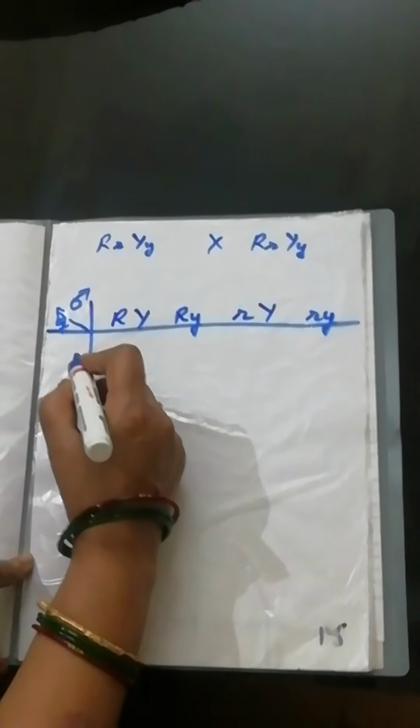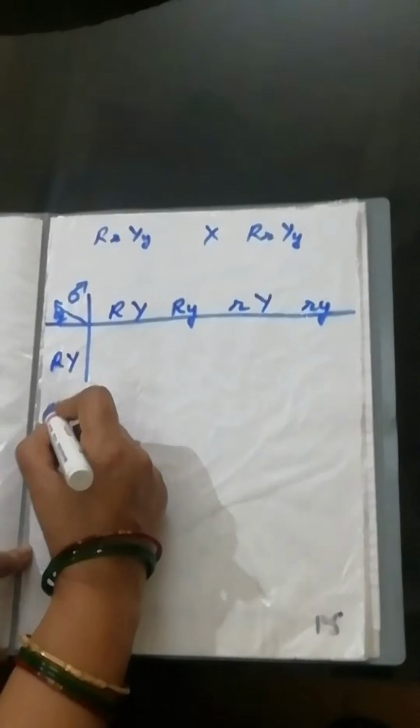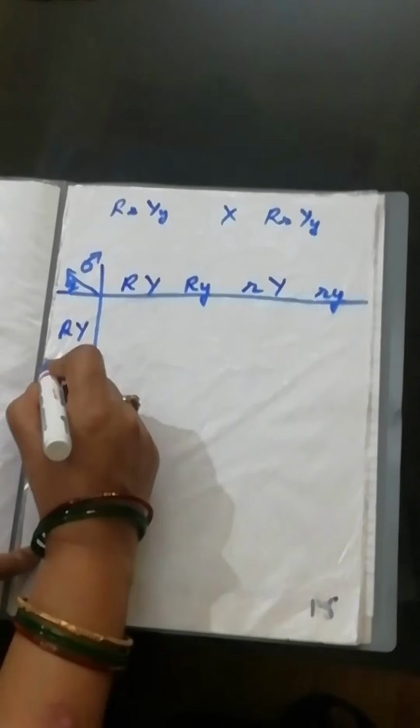The same types of gamete will be produced, that I will write on this vertical row. That is capital R capital Y, capital R small y, small r capital Y, small r small y. These are the possible combinations that we will get. If we cross this, what combination will we get?